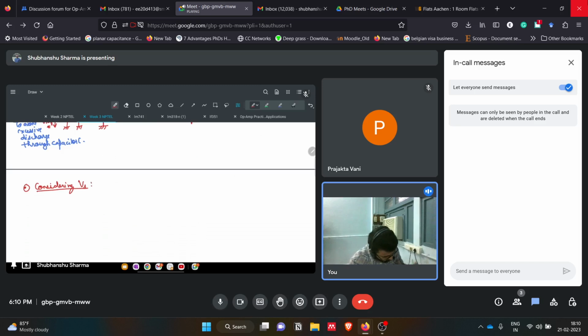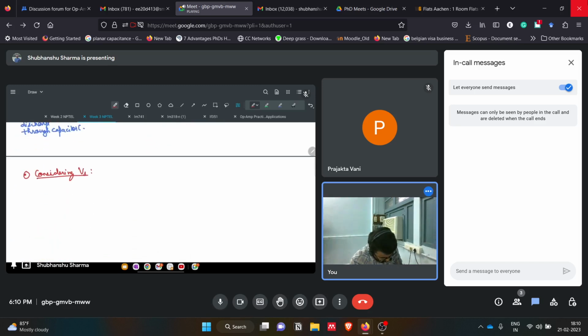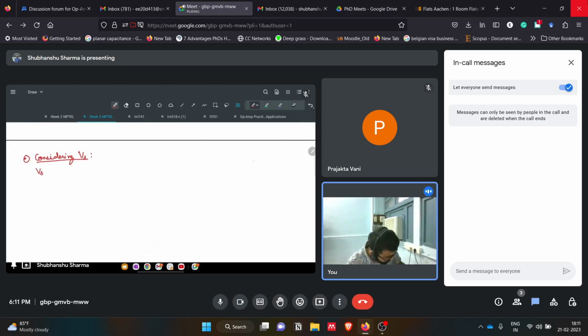We'll again consider two cases. For convenience, I will just draw the waveform here, and we will follow this waveform throughout our analysis.